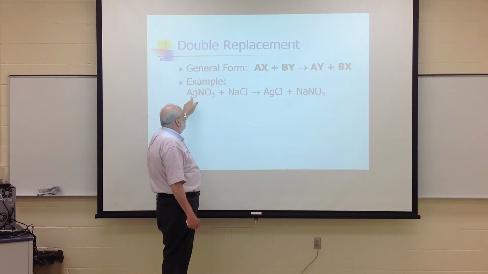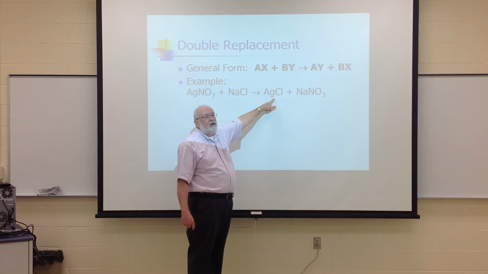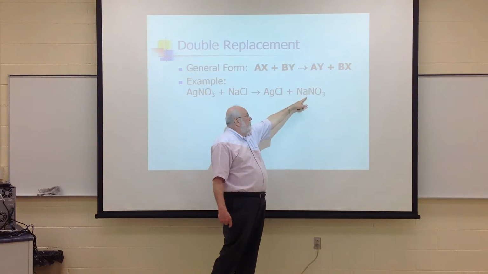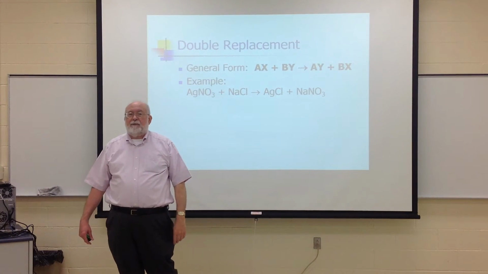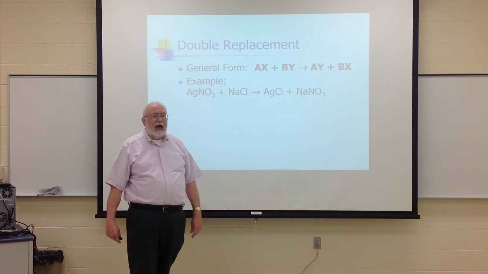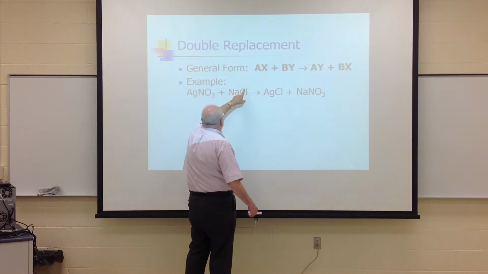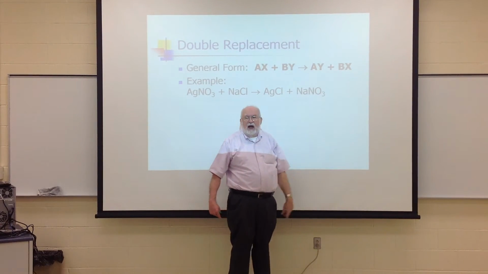Silver, when we get over to the other side, is now paired up with which anion? Chloride. And sodium is now with nitrate. So really what's happened? The two compounds have exchanged cations. Silver is now with chloride. Sodium is now with nitrate. There it is.